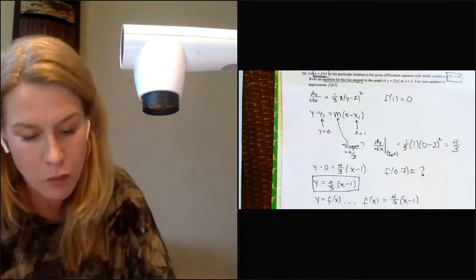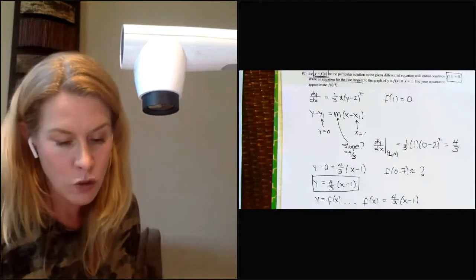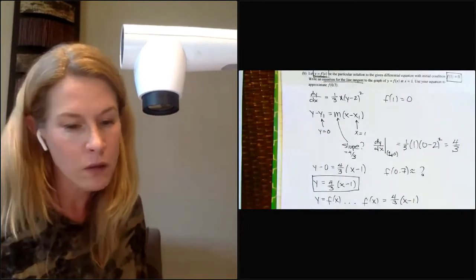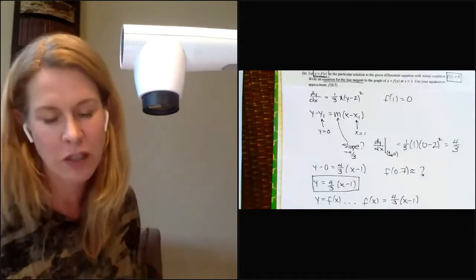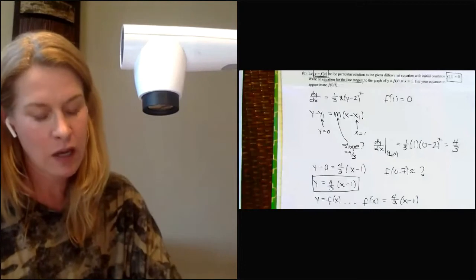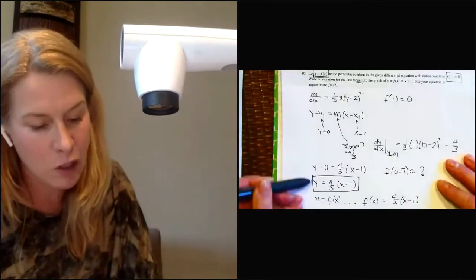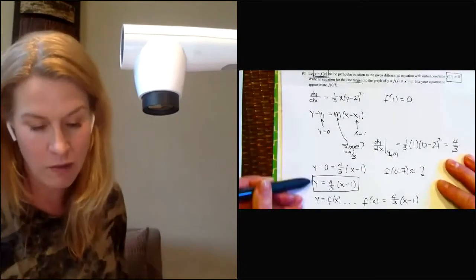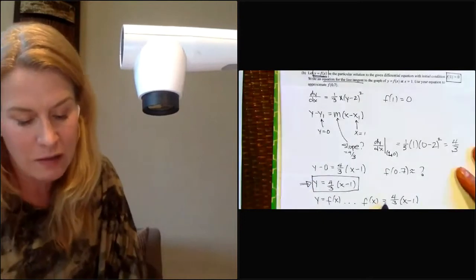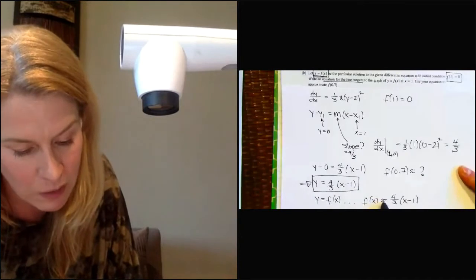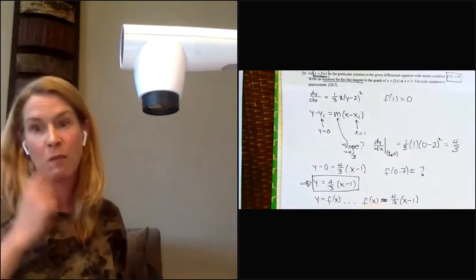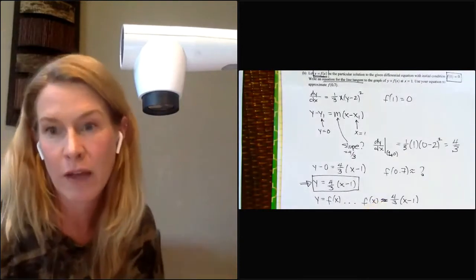So now what we want to figure out, excuse me, I misspoke. Y equals f of x is the particular solution, and what we did here is use a linear approximation to approximate what f of x is. So f of x is approximately equal to this equation we came up with in the neighborhood of x equals 1.